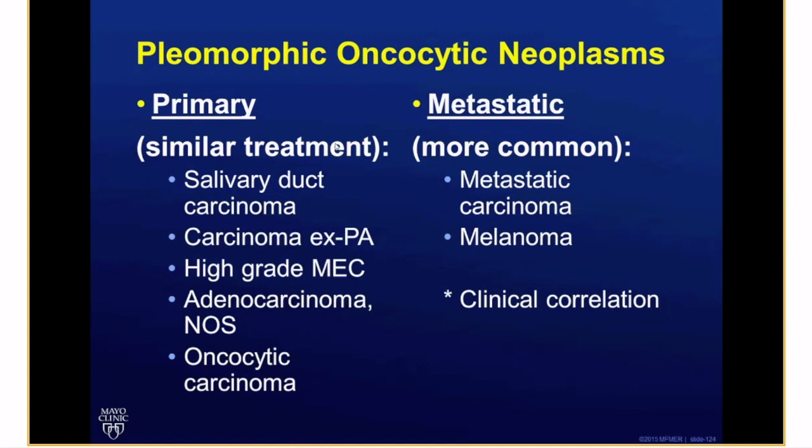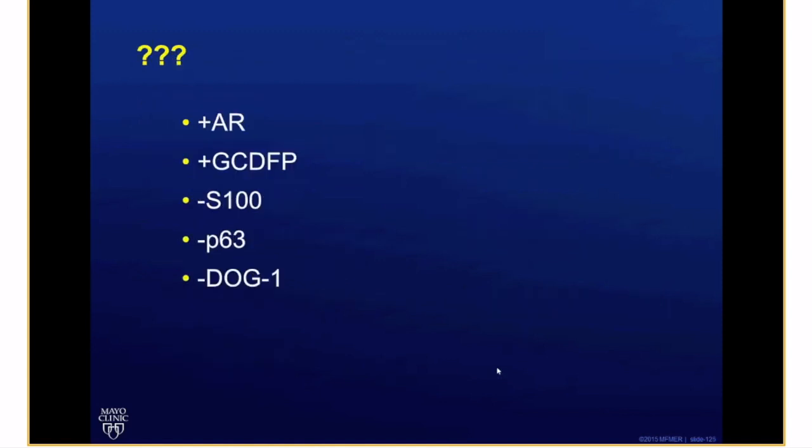And among primary lesions that can look oncocytic in the salivary gland, you have salivary duct carcinoma, carcinoma ex pleomorphic adenoma, high-grade mucoep, adenocarcinoma NOS, oncocytic carcinoma, and of course any metastatic carcinoma can look like that, metastatic adenocarcinoma, melanoma, so it's very important to correlate clinically. These are the stains I was able to perform, and I was able to prove this lesion was positive for AR, GCDFP, negative for P63 and DOG1.